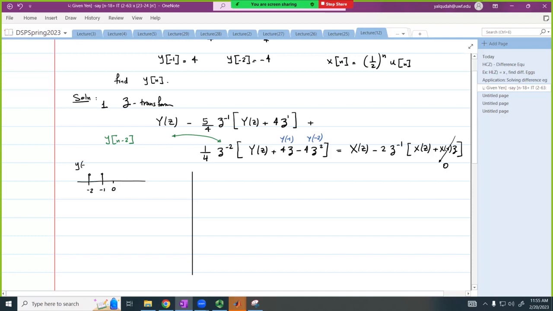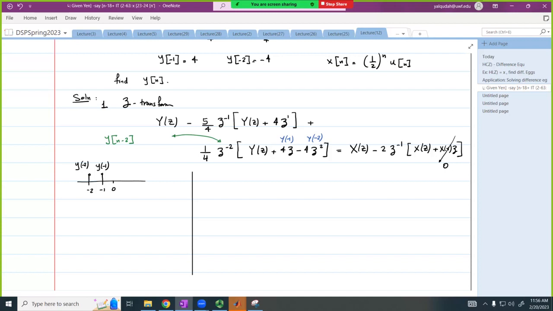This is y at -2, and this is y at -1. This is what's given. What I want to calculate is what y is going to be when n is 0 or greater, but this is the initial value of y.